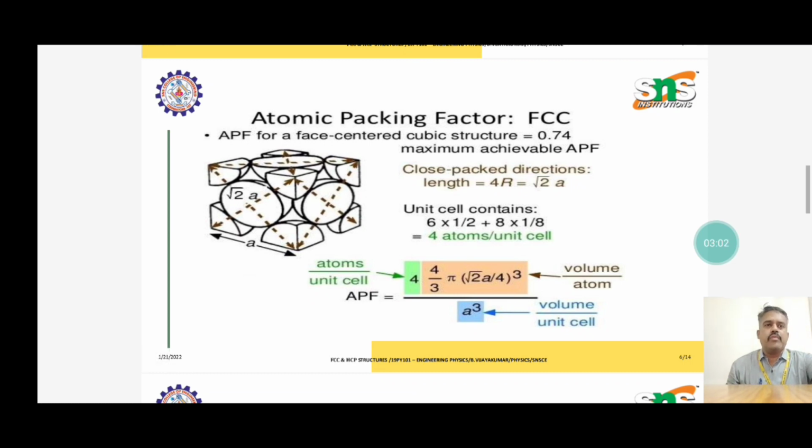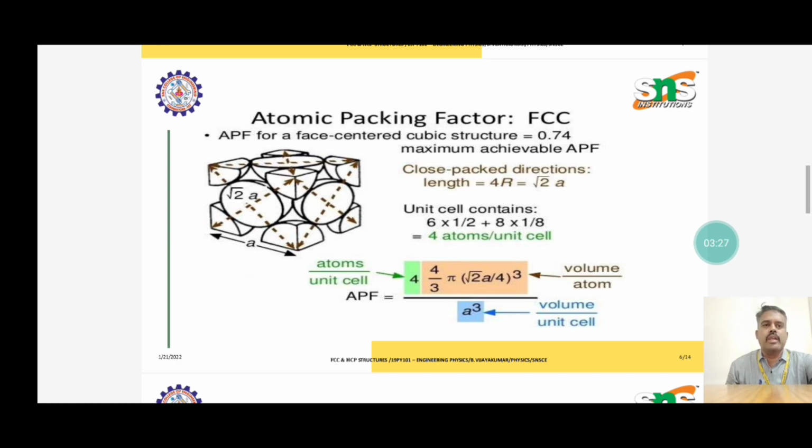So the atomic packing factor of FCC: APF is equal to the number of atoms per unit cell times the volume of the atom divided by the volume of the unit cell. The number of atoms per unit cell is 4 in FCC. Then the volume of the atom looks like a sphere, so we have 4/3 pi r cube.